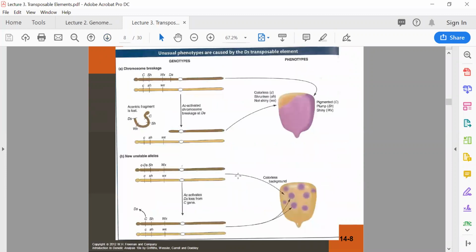So this genotype here, where the DS is inserted into the C gene, gives rise to this colourless kernel background. But in cells, and the descendants of those cells, in which the DS is lost from the C gene, the function of the C gene, that is the pigmentation, is restored, and that gives rise to these coloured spots in the kernel.